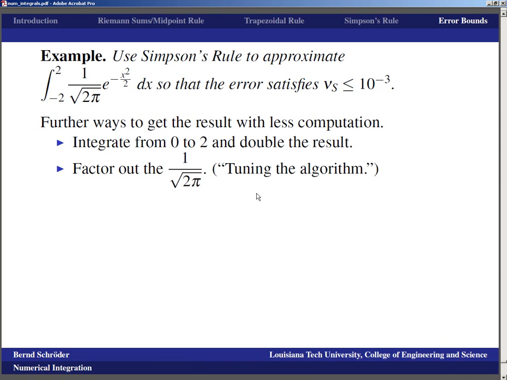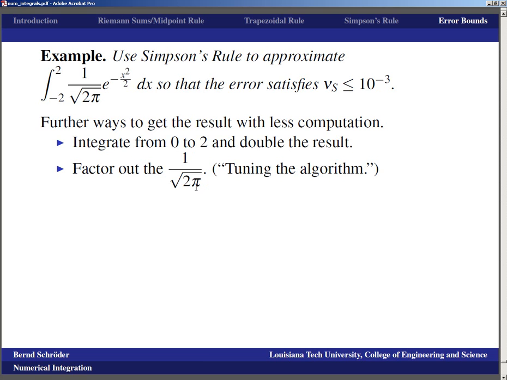Sometimes you can do that, and this is what computer scientists then refer to as tuning the algorithm, and you have to distinguish between tuning that works for all functions and tuning that only would work for certain functions. Let's see, no, the 1 over root 2 pi actually comes out all the way.